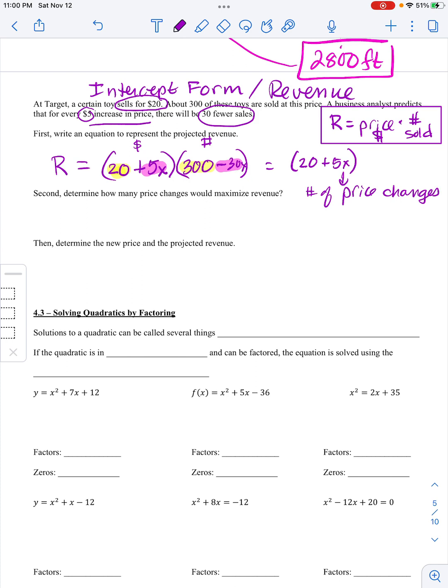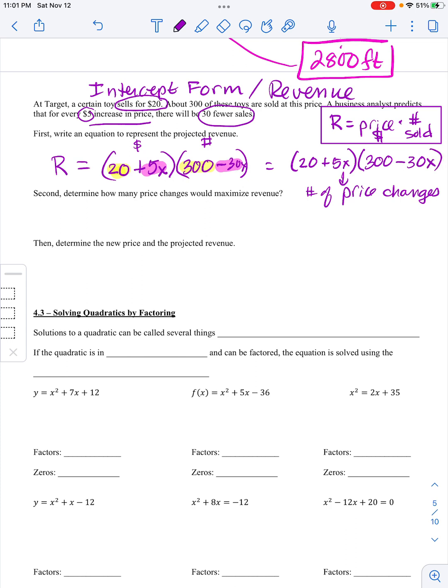How many price changes of $5 each can you make? Then that second factor is talking about how many you sold. You initially sold 300, but those sales will go down by 30 for every price change that you make.